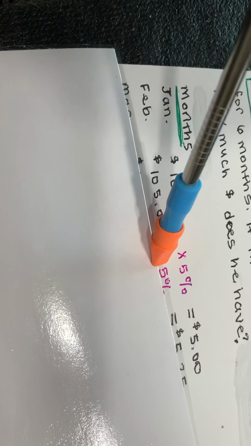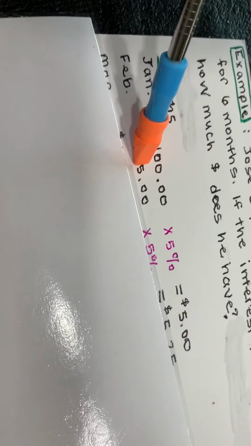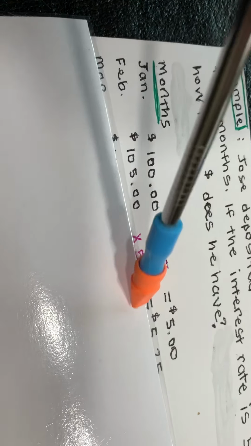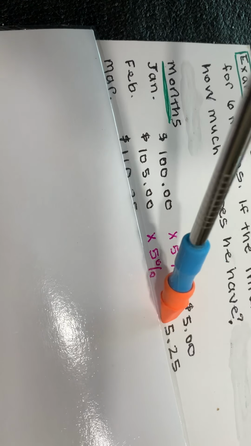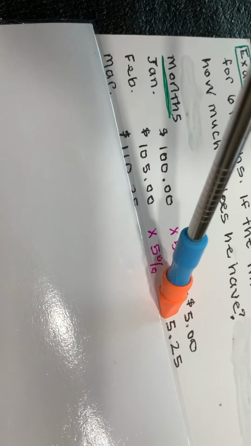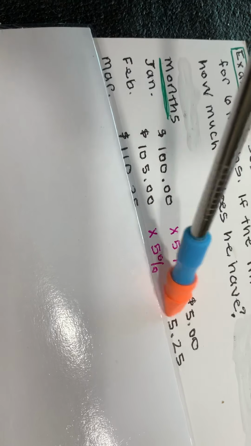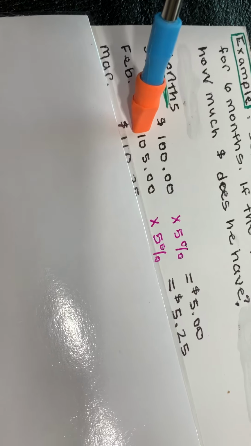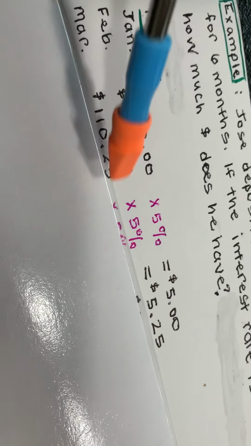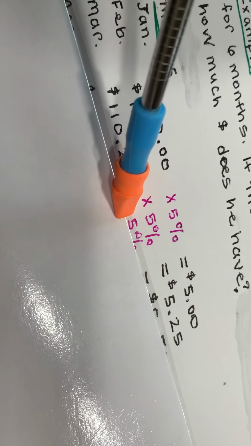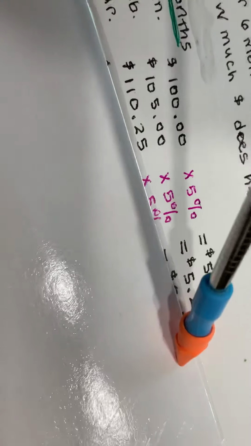Now we do 5% again. So in my calculator, I can do 105 times 5%. That's going to give me 5.25. So now this 5.25 is what the bank is going to give me for the month of February. I take 5.25, I add it on to 105. That gives me 110.25. I do that 5% again, and I'm going to continue to do it for 6 months.